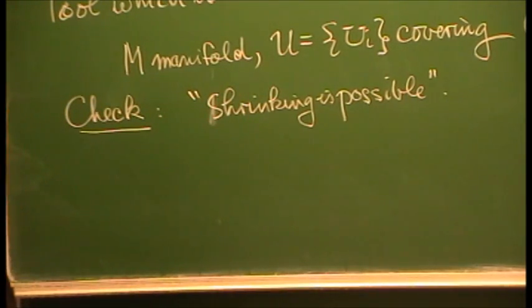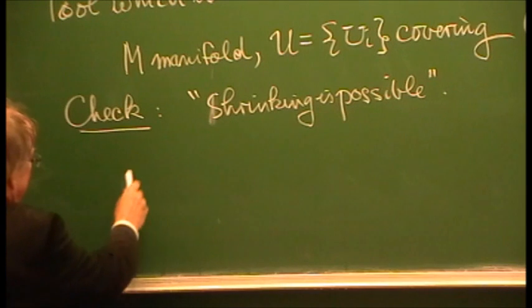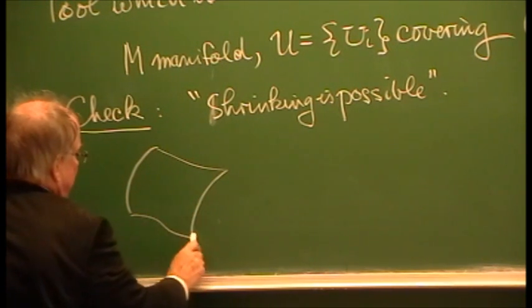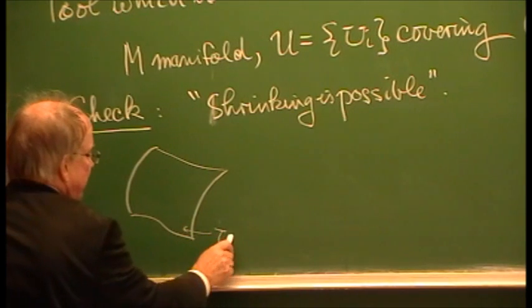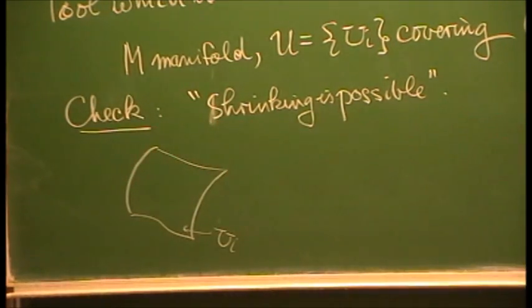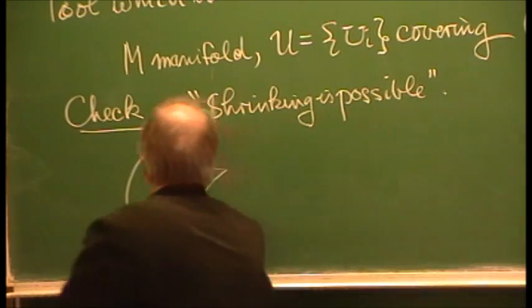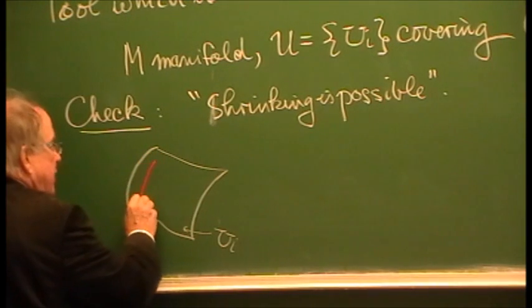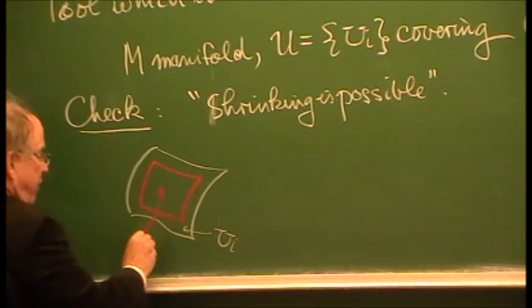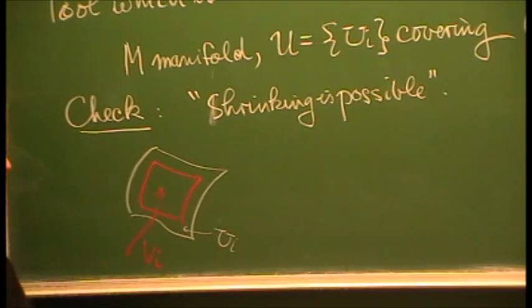Now shrinking means this, means that if you have one of these open sets, say U_i, something like this, maybe this is U_i. You can shrink it a little bit, all the U_i's. Maybe I'll make the shrunken set a different color. So the shrunken set maybe looks like this. And that's, say, V_i.